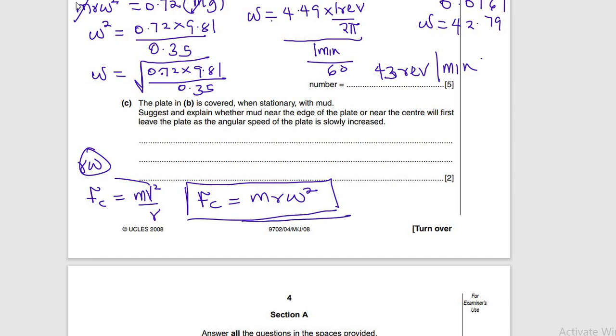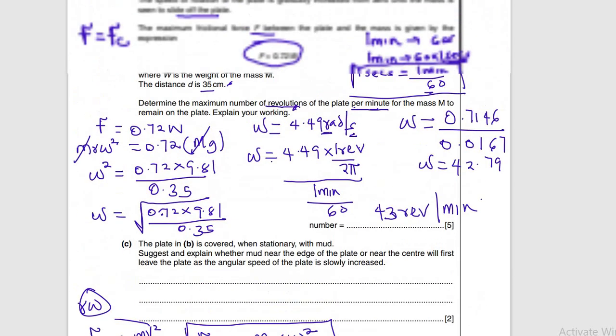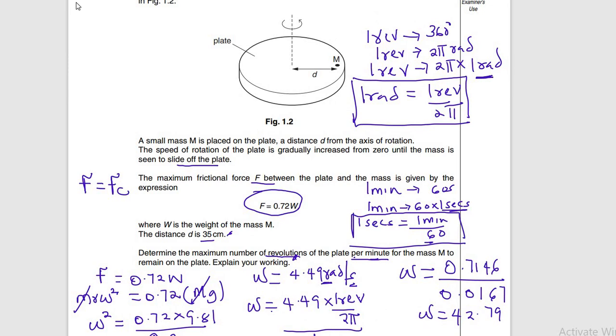Now, remember that the question says state and explain whether the mud near the edge of the plate or near the center will first leave as the angular speed is slowly increased. Let's check what is happening. The speed of rotation of the plate is gradually increased from 0 until the mass is seen to slide off.